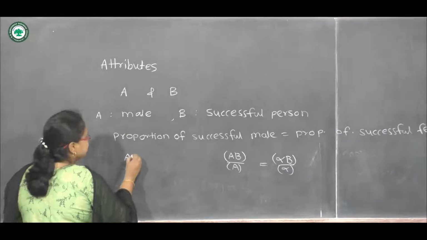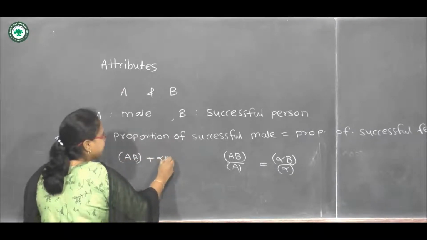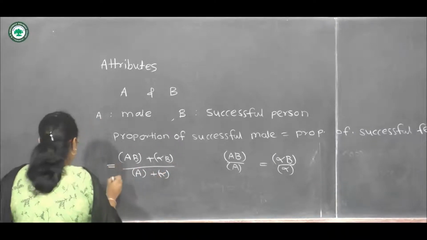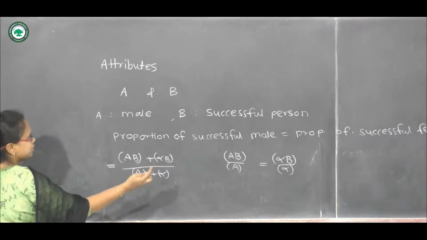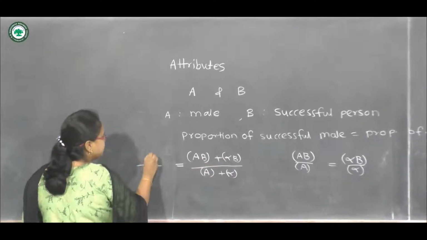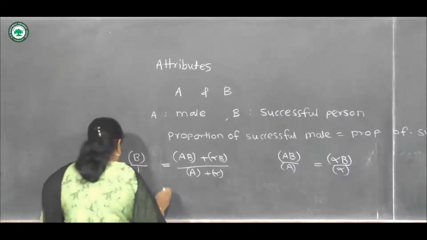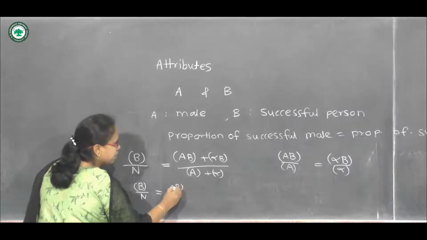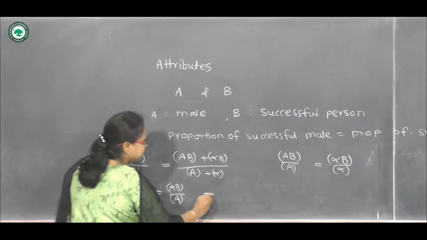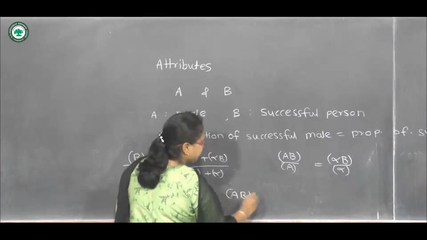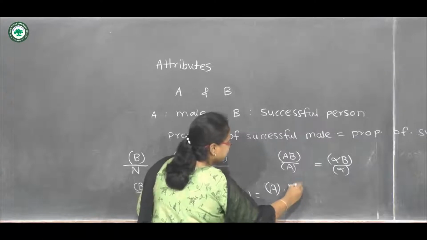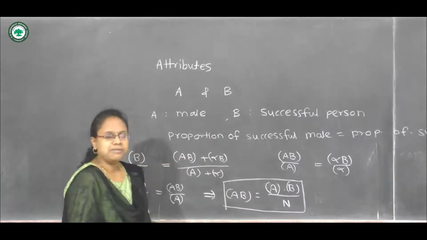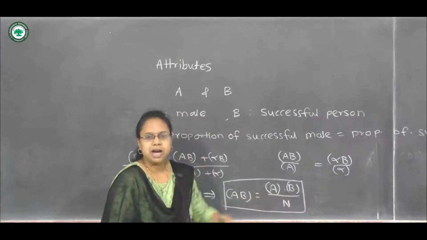Further we can write AB plus alpha B divided by A plus alpha, and if we add these two, we have B. Now let us equate B upon N equals AB upon A. This implies that AB will be equal to A into B upon N. If this condition holds, then we say that the attributes A and B are independent.